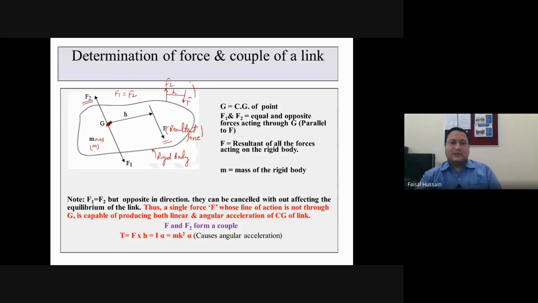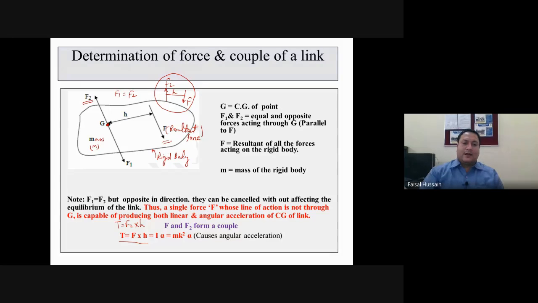So these two forces F2 and F form a couple. As we know, the basic definition of torque is force into perpendicular distance. So here torque will be F into h. Also, I can say torque will be F2 into h.